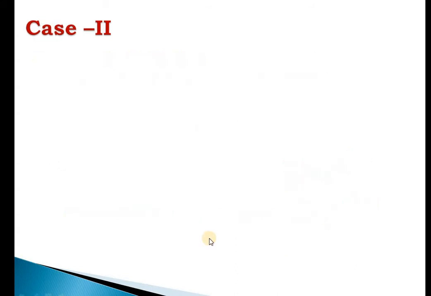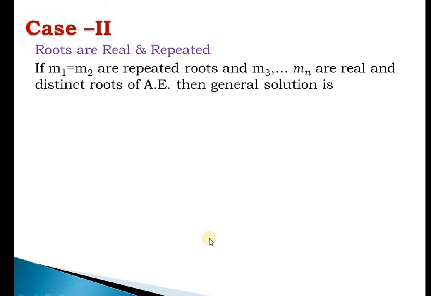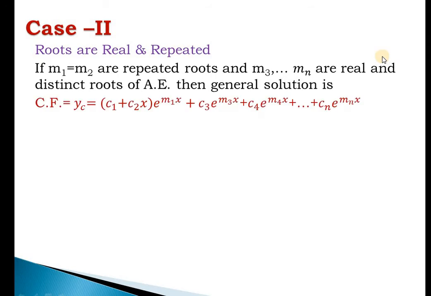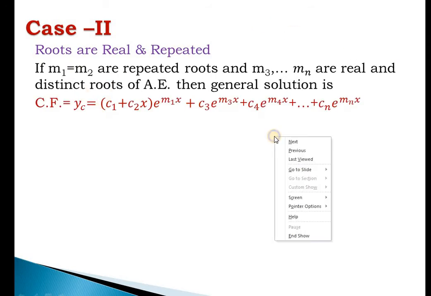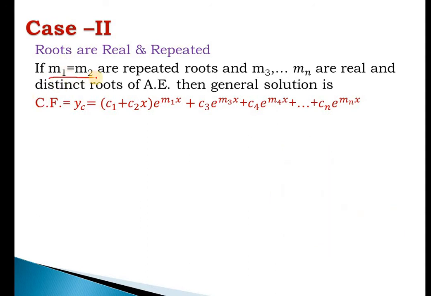Now the second case: roots are real and repeated. If M1, M2 are the same roots and the remaining roots are distinct, then what is the corresponding complementary function? For a repeated root, if this root occurs 2 times, the corresponding CF contains two arbitrary constants.